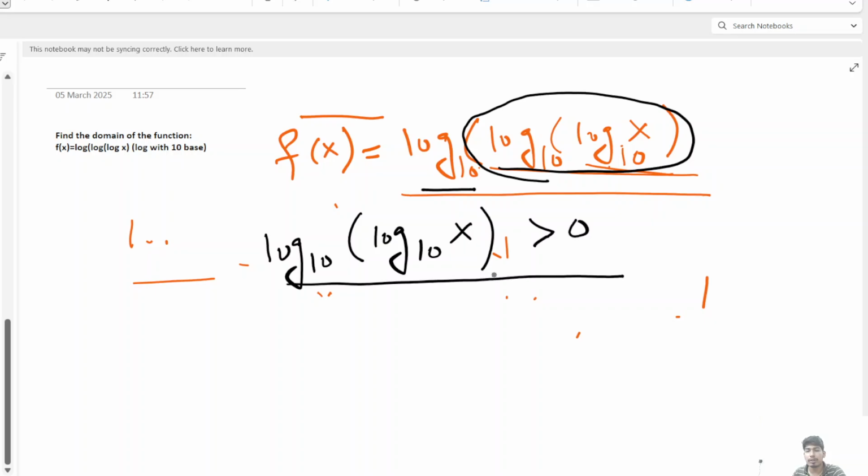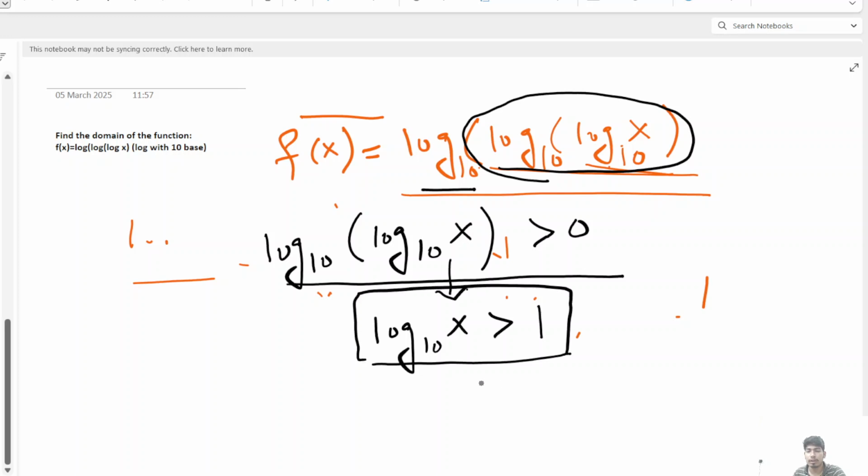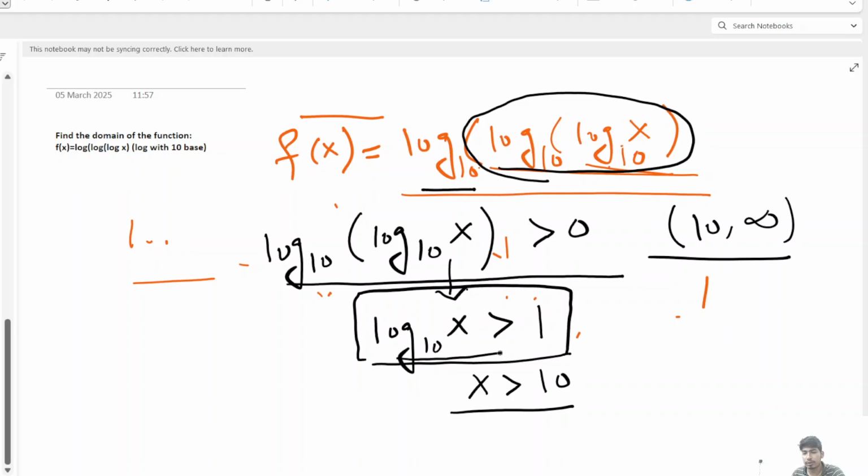This is greater than 0 when this becomes greater than 1, when x is greater than 10. So what is our domain? 10 to infinity. Not including 10, because at 10 this is equal to 1, not greater than 1. So this is 10 to infinity.